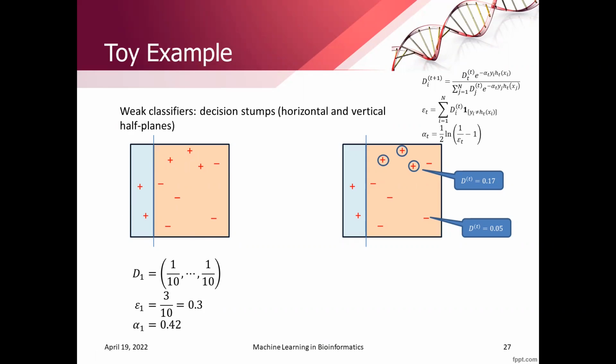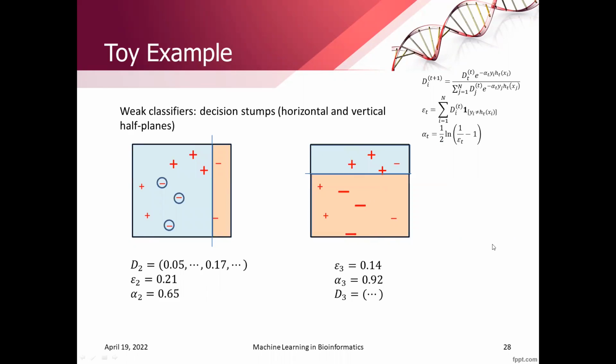So for the next round, the probability for these samples will be increased. This was the probability distribution, and for the remaining observations which were classified correctly, the probability is decreased.